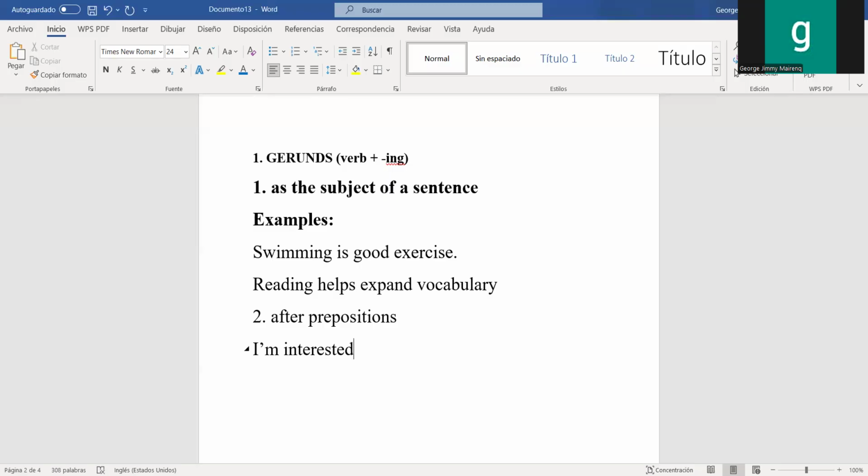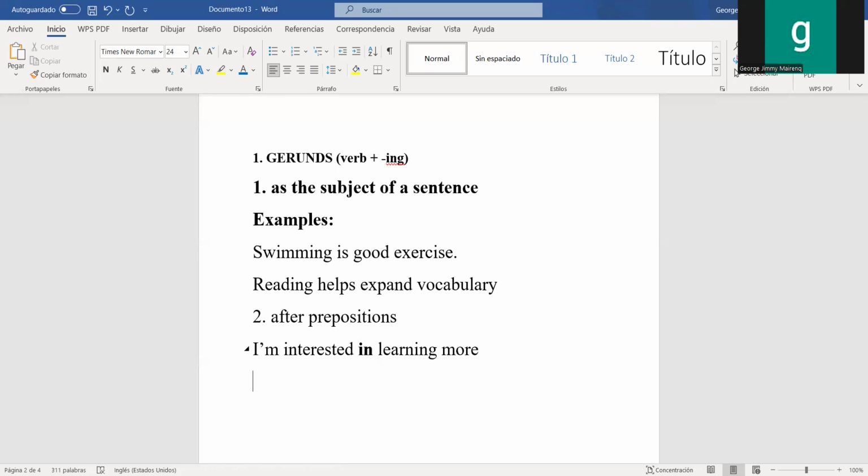Remember that the adjective interested always works with in. I'm interested in learning more. So we got the preposition in here, and then we got the verb learn. This verb must be written with the ing form.